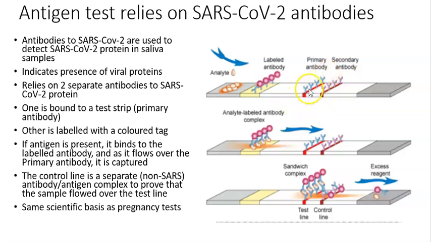So what we've done, this is the anti-SARS-CoV-2 antibody, and this is the saliva or blood sample. Probably in this case it would be a saliva sample because we are doing an antigen test. So if you were infected with virus, you will have antigen within your saliva. So you put a small amount of saliva on the end of the test strip with some liquid just to encourage the substances to wick along this test strip.